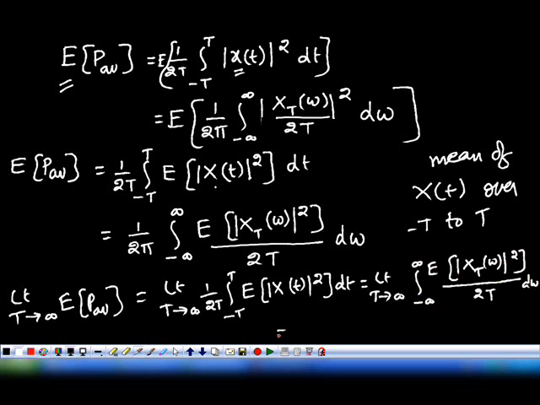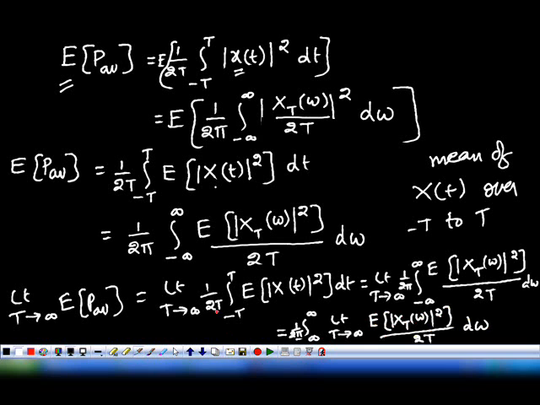So this last integral can also be written as integral minus infinity to plus infinity, with 1 by 2 pi, and limit t tends to infinity. I brought that limit inside because we can interchange the order of integration and limit. This is the expectation of mod x_t of omega whole square divided by 2t.